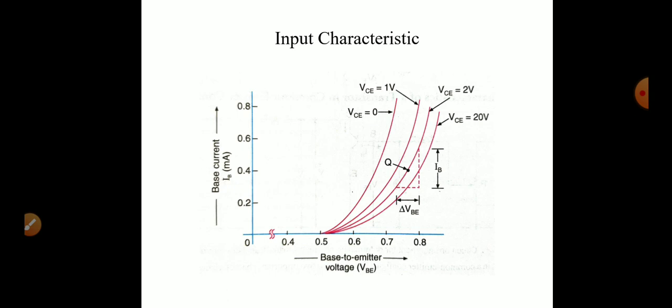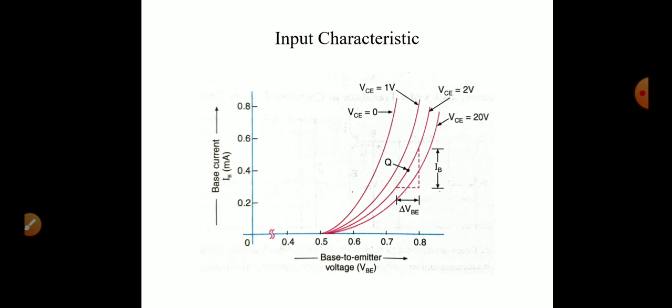Then again we increase VCE to 2 volt and do the same procedure: we increase the base emitter voltage, read the base current and plot it in the graph. Then we get the graph for VCE equal to 2 volt as shown in the figure. Then again we increase VCE and repeat these procedures.